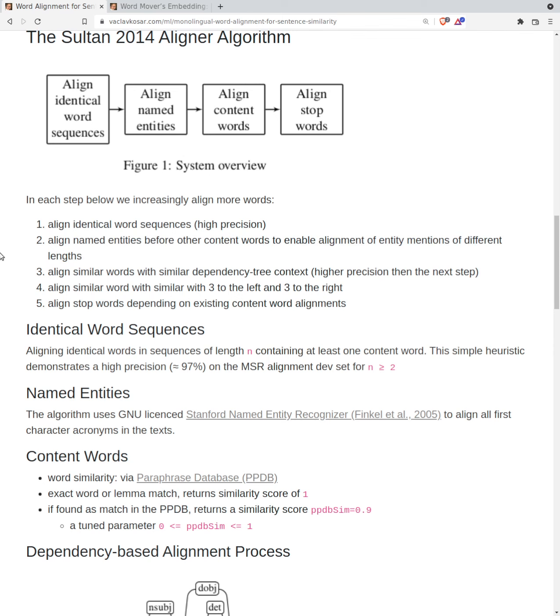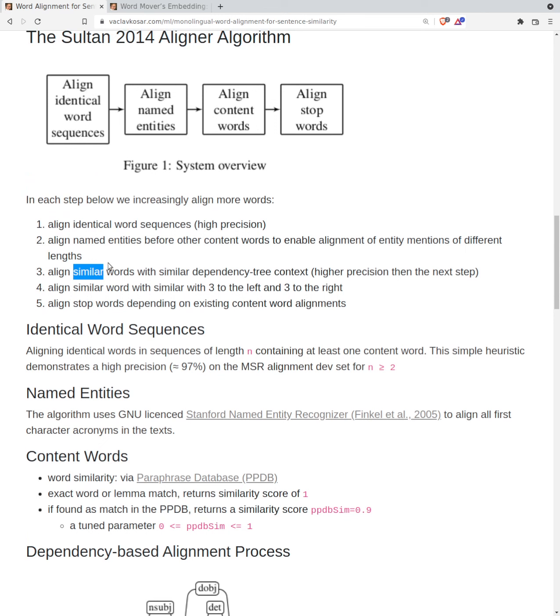Then align named entities. Here we detect named entities. That's another trick that they used, and also they align named entities with acronyms. Okay, and another step. So then you are able to align more words, right?